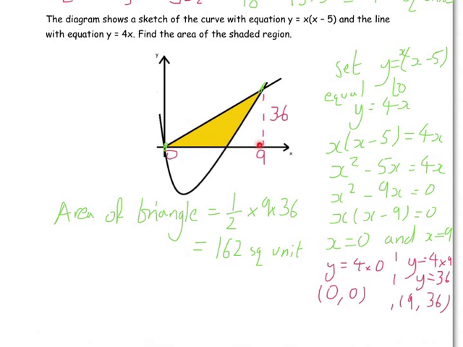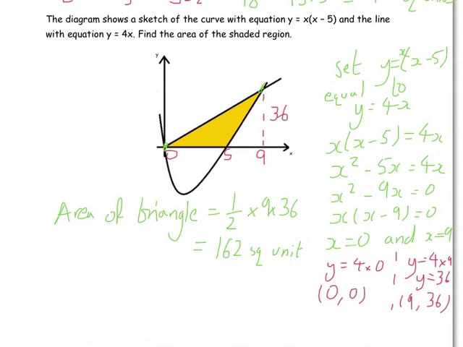Well, if we can find that area there, which we can do, because we know that point there is 9, and we can find that from just looking at our original equation, which tells us that our quadratic crosses the x-axis at 0 and 5, we can find the area of this section and subtract it from the area of a triangle, just to leave us with that section there.